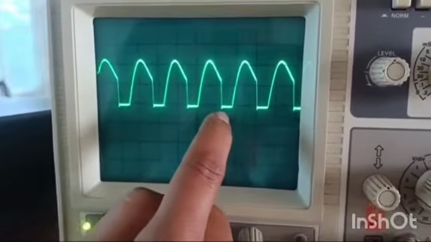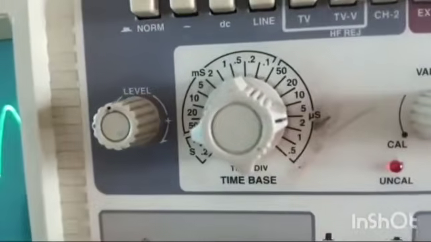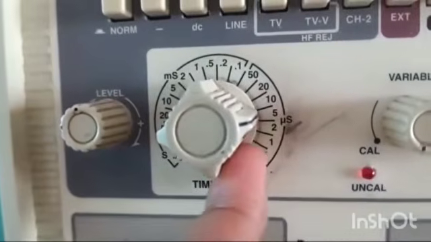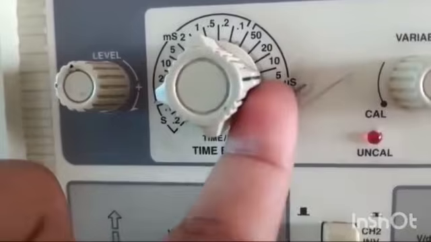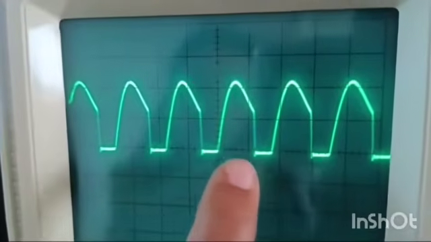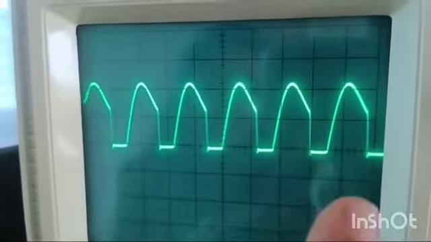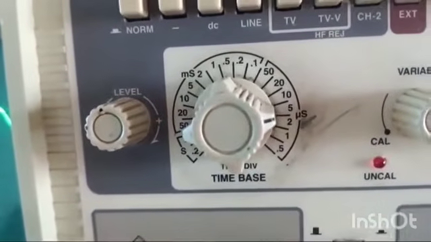Okay, 2 boxes into time per division. What is the time per division? You need to check this knob at where it is pointing. This black color is pointing to 5, and what is the unit? It is microsecond. So it is pointing to 5 microsecond, and how many boxes it is covering? It is covering 2 boxes. So that means it is 2 into 5 microsecond. That is the time taken to complete one cycle.